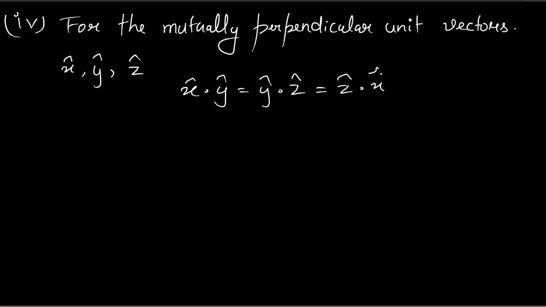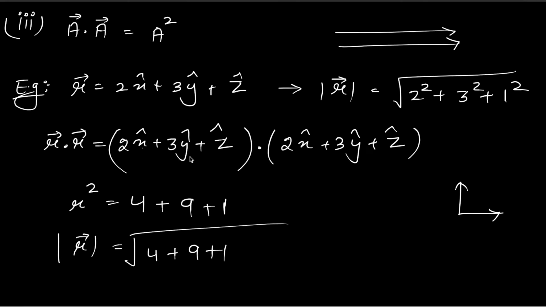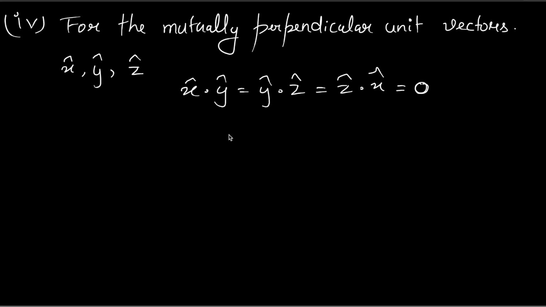Because they are perpendicular unit vectors, cos theta comes out to be 0, so the dot product between them is 0. I am simply using this property to find the dot product here, and telling the same thing in finding the magnitude of the r vector.